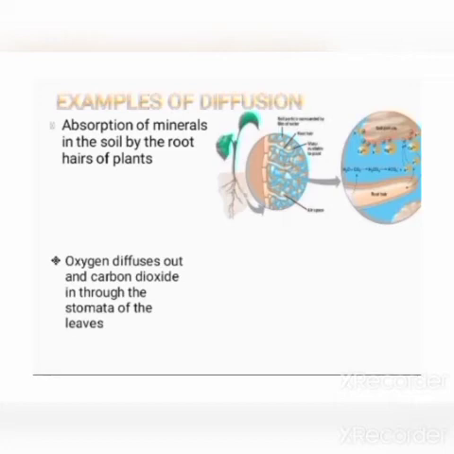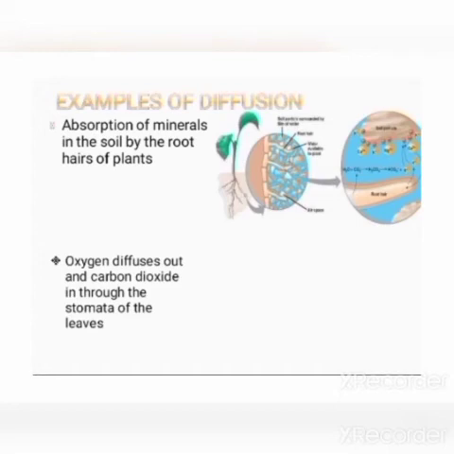So all these minerals are concentrated in the soil, and they are less concentrated in the plant, and so therefore the plants need them for preparation of their food. So in this case, there needs to be a movement of the minerals from a region of higher concentration into a region of lower concentration, which is the plant. And so therefore diffusion occurs from the soil into the plant so that the plant can get the minerals.